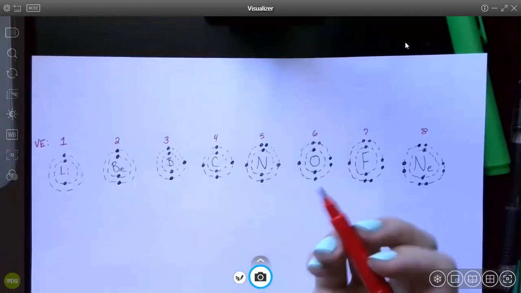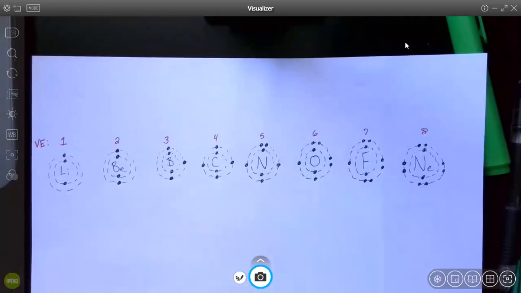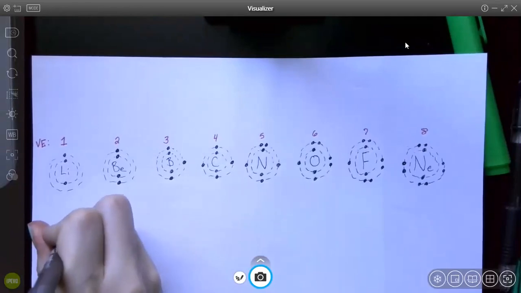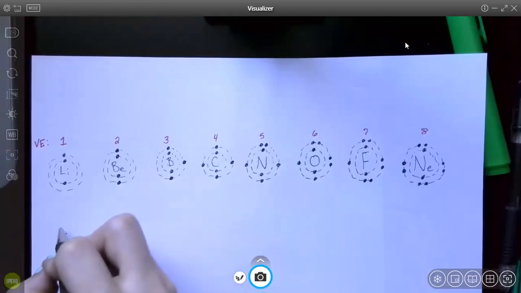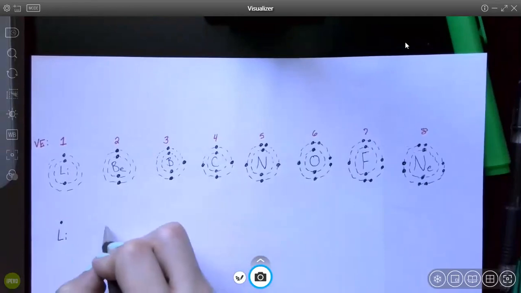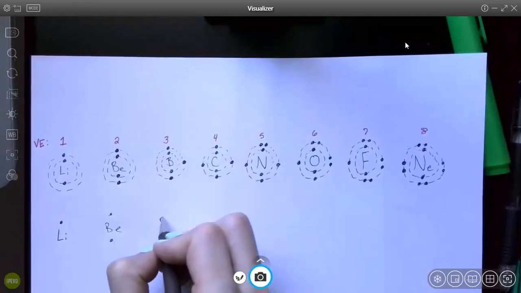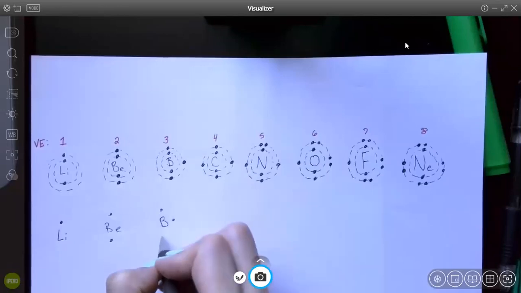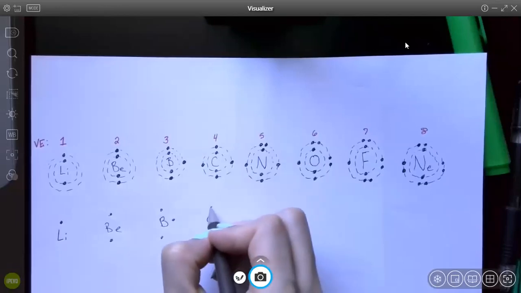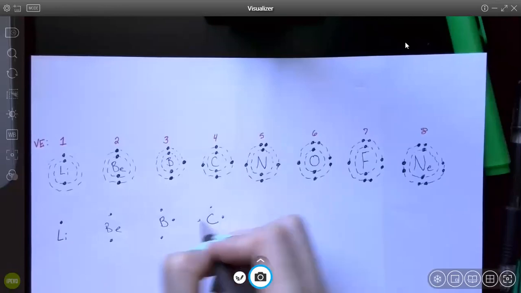And so when we're drawing Lewis dot diagrams of this, essentially all we're going to do is draw just the symbol and then the valence electrons, so just the electrons in the outermost ring.